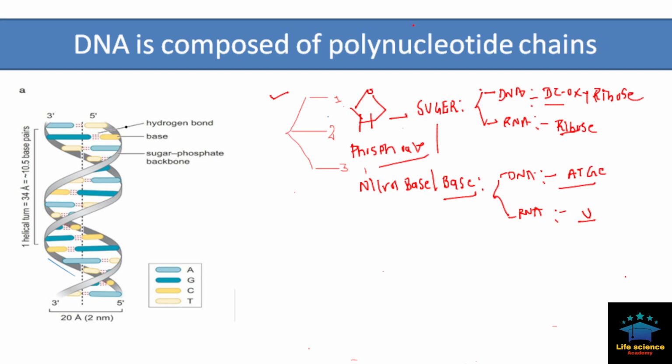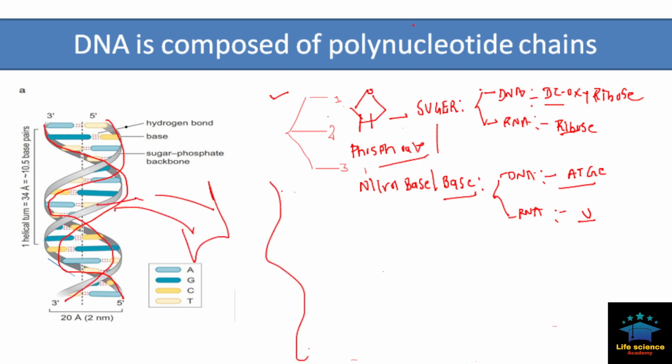So these three things are needed to make the backbone. Sugar and phosphate are needed as the backbone of DNA. So this is the backbone of DNA. If we want to zoom into this portion only, suppose we have the sugar and we have the phosphate.